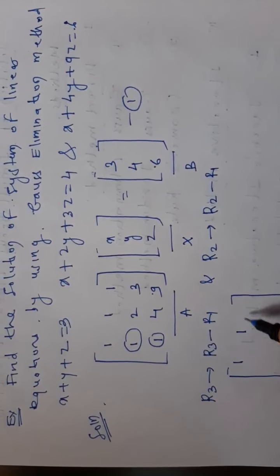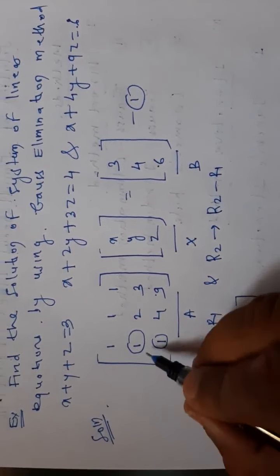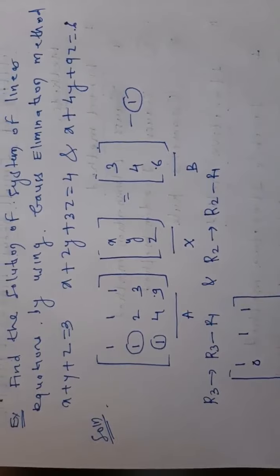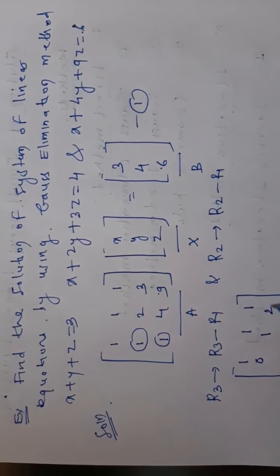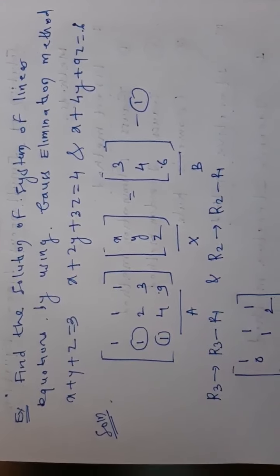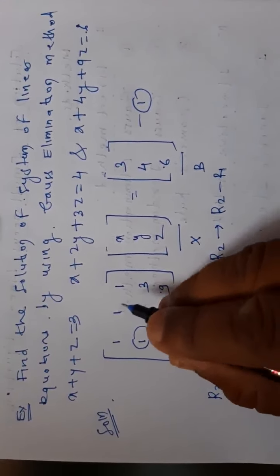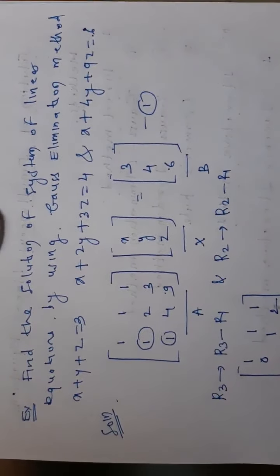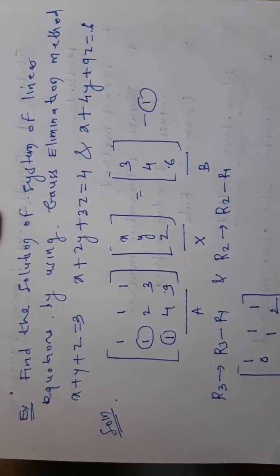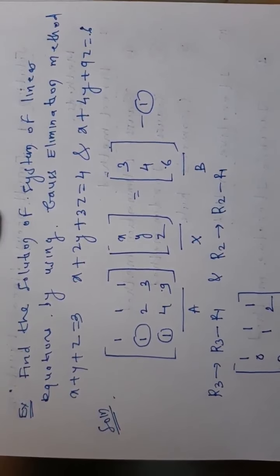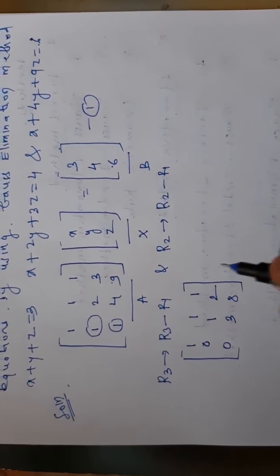I will write the first row as it is. 1 minus 1 is 0, 2 minus 1 is 1, 3 minus 1 is 2. For the third row, 1 minus 1 is 0, 4 minus 1 is 3, 9 minus 1 is 8.